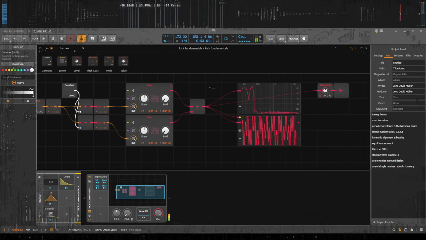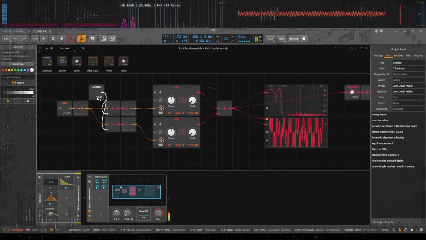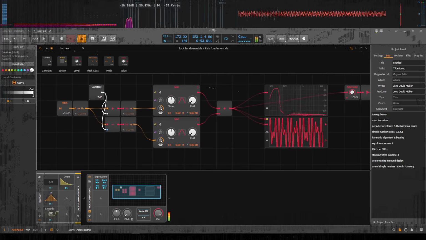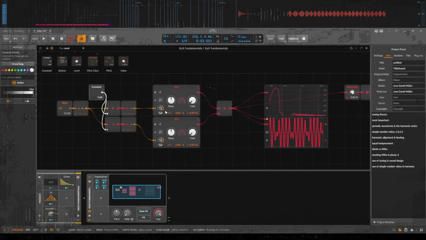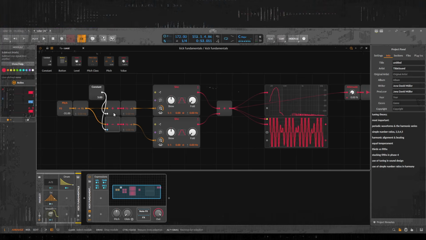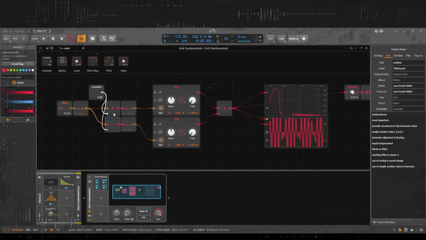So if we listen to this, you can hear how adding these two waves that are very close but not identical in pitch causes them to go in and out of phase, and we get this wobble effect.